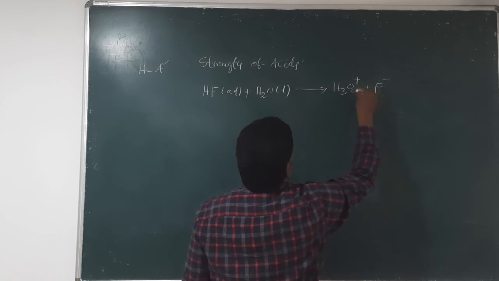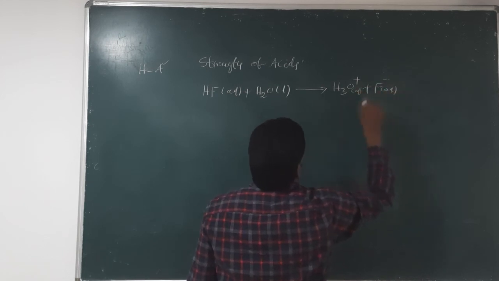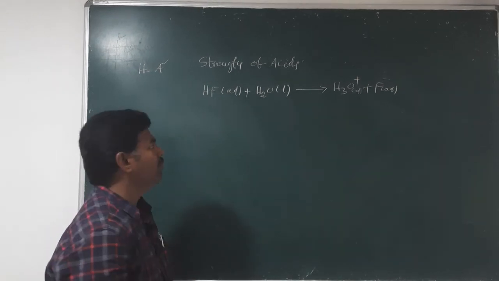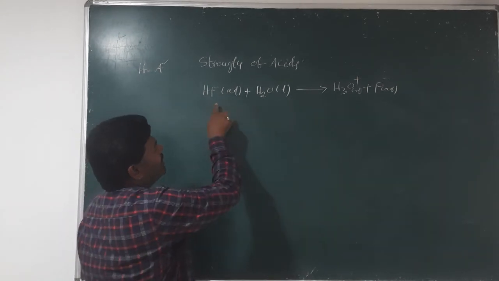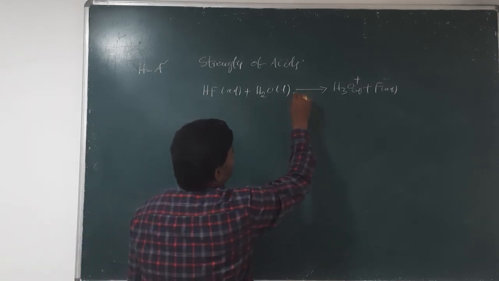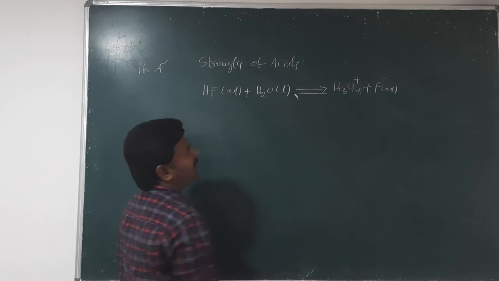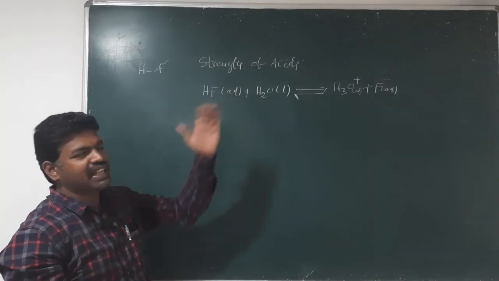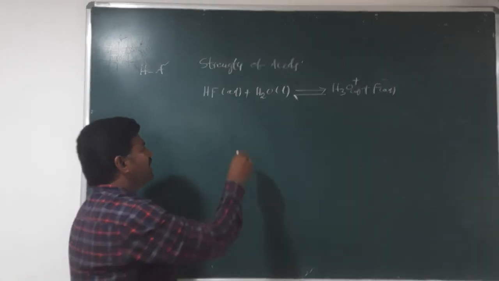These are aqueous, that is, those ions are present in the aqueous form. In this reaction there exists an equilibrium between the products and reactant, and the acidity constant for this reaction can be written as Ka.